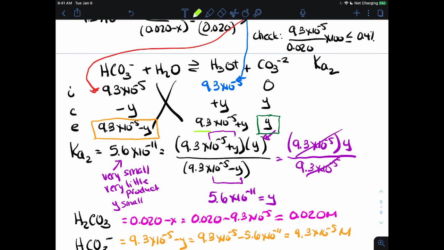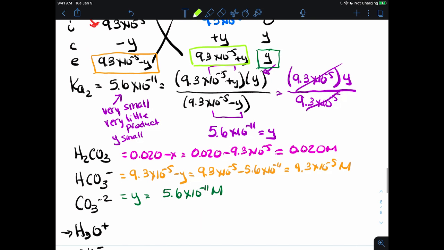So ultimately, this is the amount of H3O plus we are left with. So the 9.3 times 10 to the negative 5 plus y, 9.3 times 10 to the negative 5 plus that 5.6 times 10 to the negative 11. So 9.3 times 10 to the negative 5.